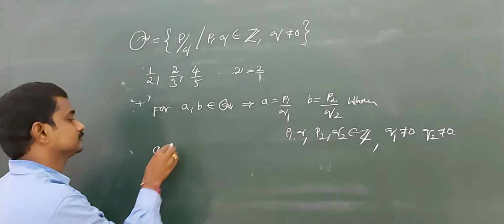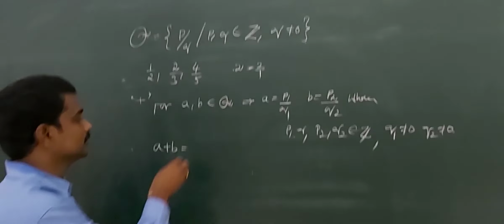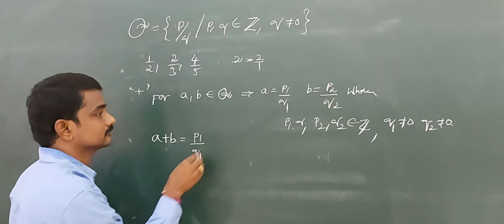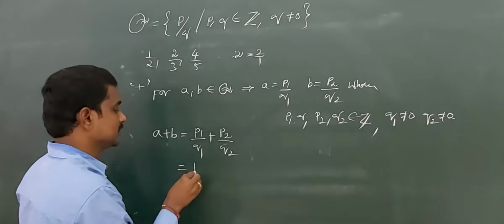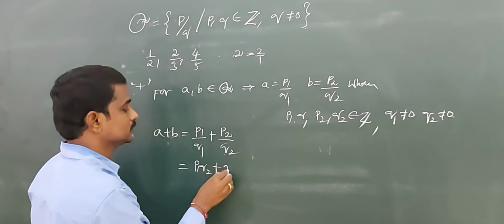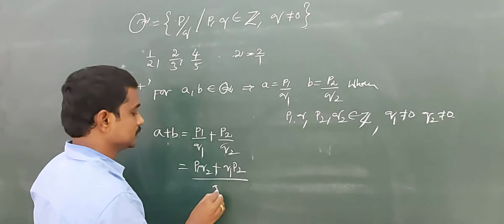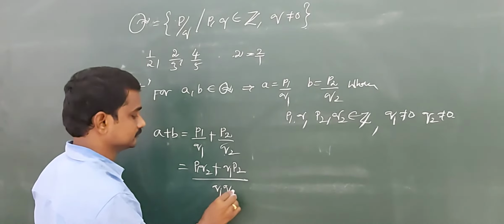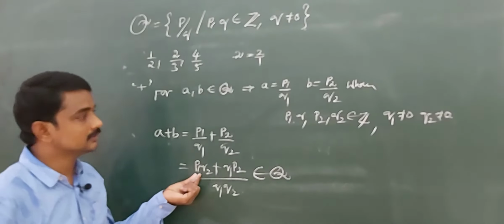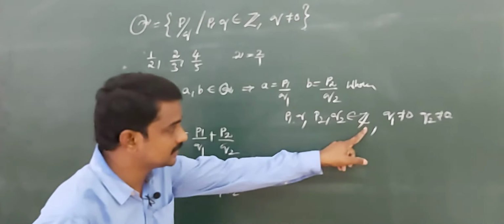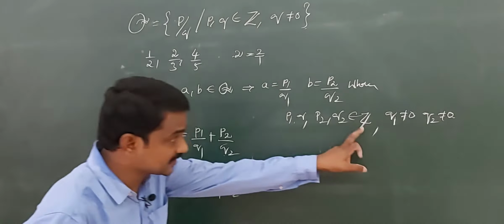Therefore, a plus b is equal to p1 by q1 plus p2 by q2. Taking the LCM, (p1 q2 plus q1 p2) by (q1 into q2) belongs to Q, because p1, q2 belong to Z.